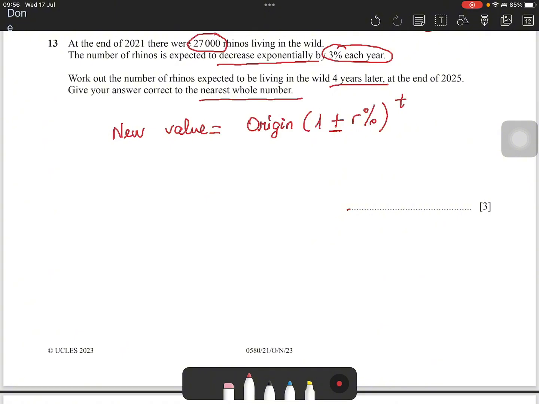So in this case, the new number is equal to the original amount, 27,000. In this case, we decrease exponentially, so we need to subtract 3% to the power of 4 because 4 years later here. And then we need to round the answer to the nearest whole number. So the answer is 23,903.